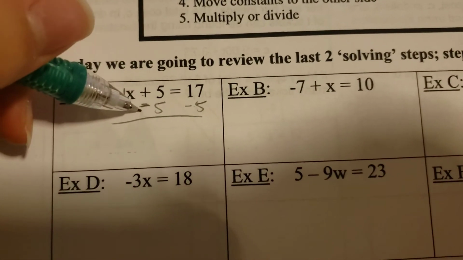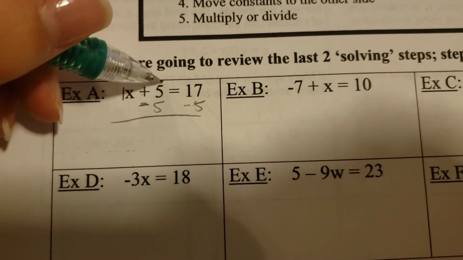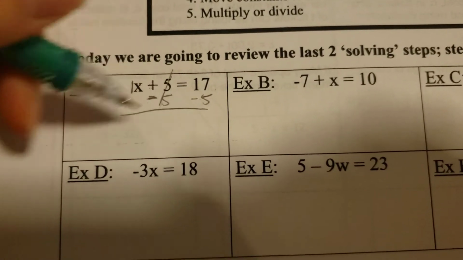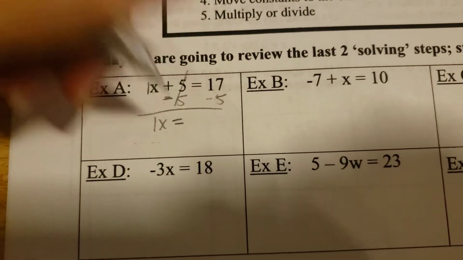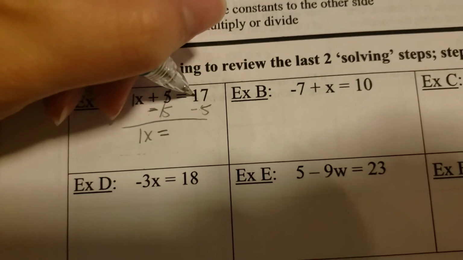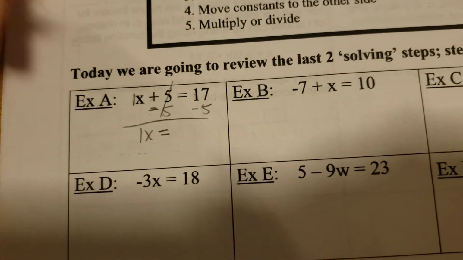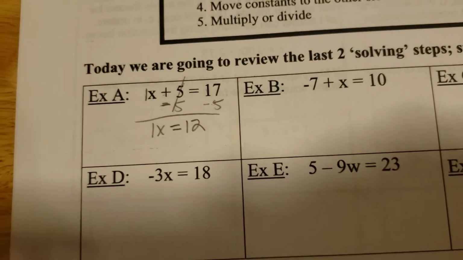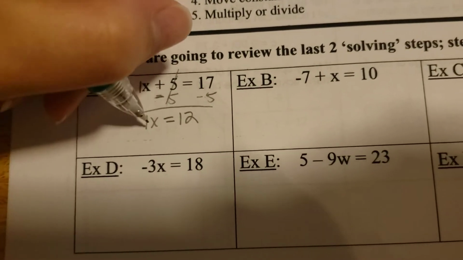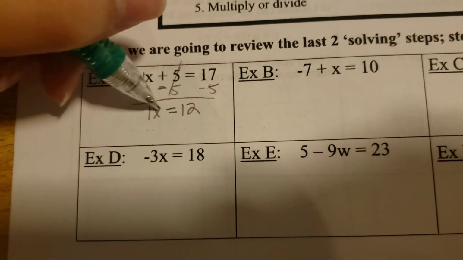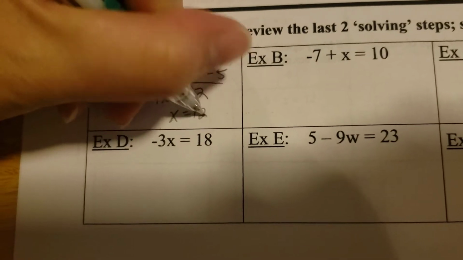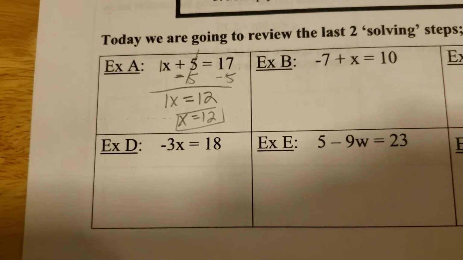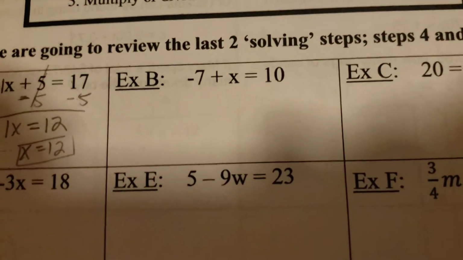So now the plus 5 and the minus 5, that's going to be 0, and so we just have 1x. Bring down your equals. And then 17 minus 5 is 12. So we end up with x equals 12 because remember, 1x is really just x. So x equals 12.